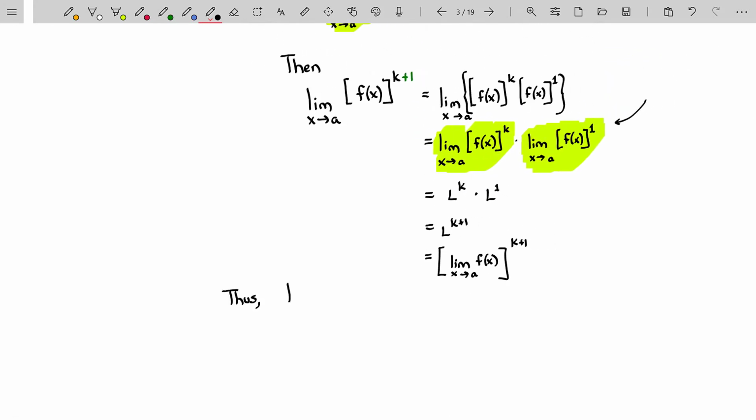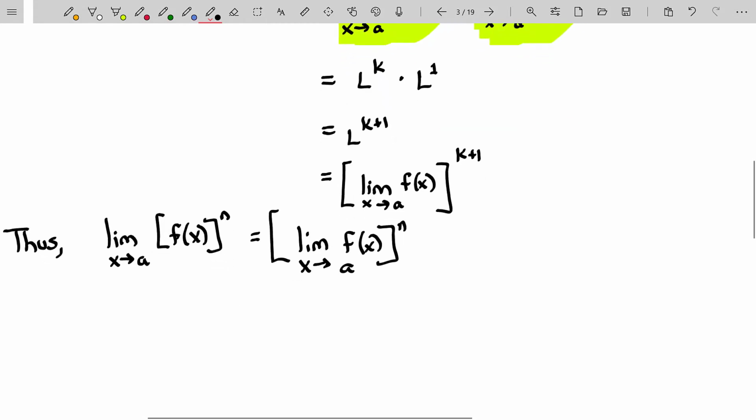So thus, the limit as x approaches a of f of x to the nth power is the same thing as the nth power of the limit as x approaches a of f of x for n in the natural numbers. Because, by the way, mathematical induction pretty much is usable only over the natural number system, or subsets of it, or the natural number system plus a few other numbers.